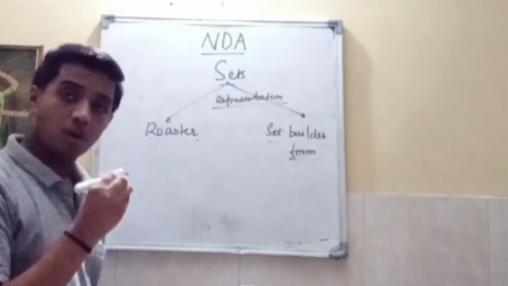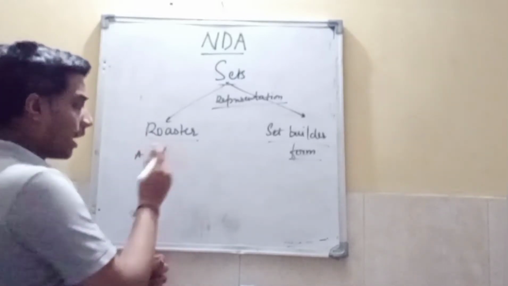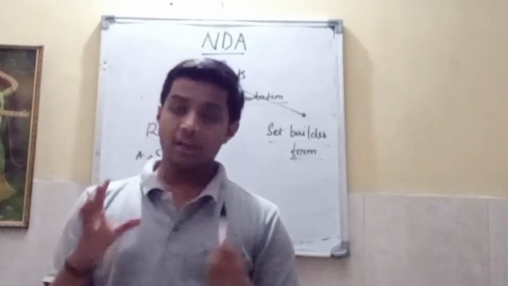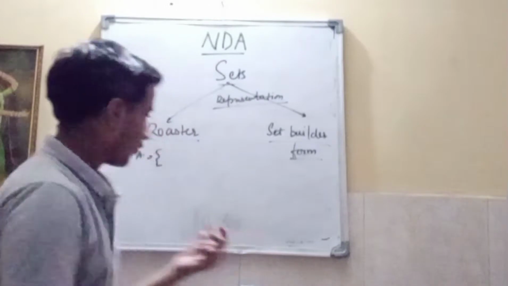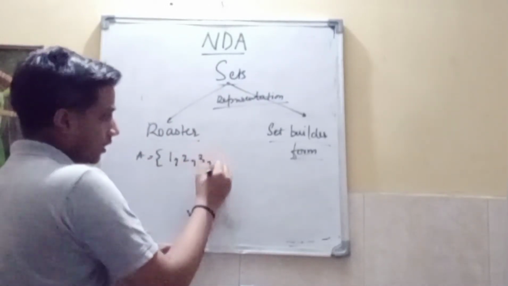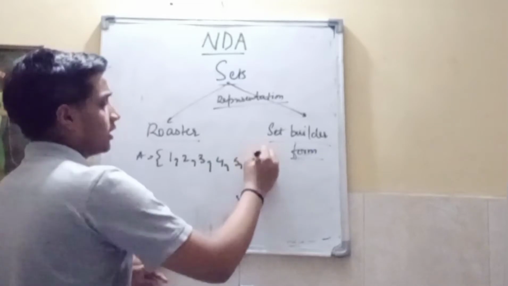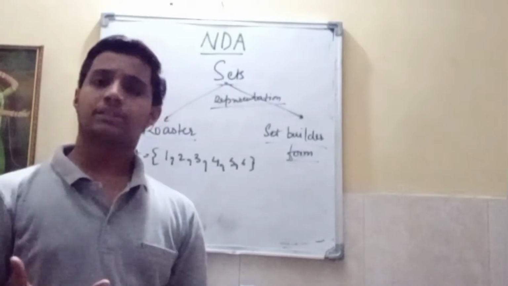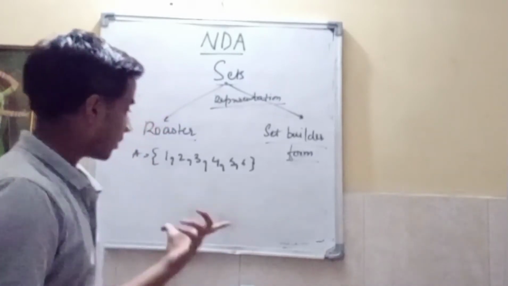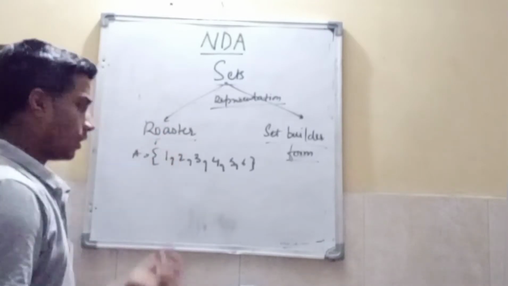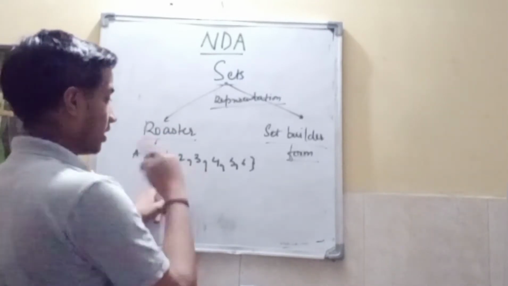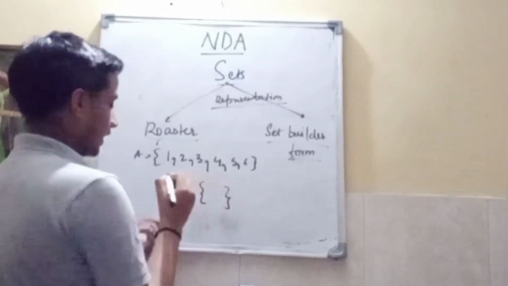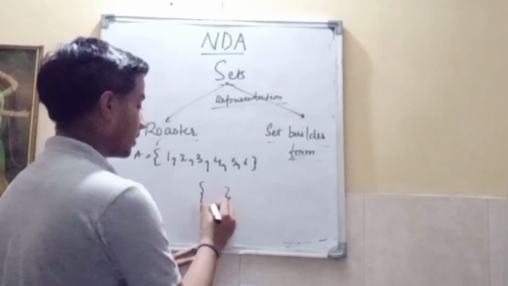A roster form is a form in which you write the elements as they are, separated with a comma. For example, 1, 2, 3, 4, 5, 6. This is a set of the first 6 natural numbers, and I have represented them in roster form. The first condition is that all the elements should be separated with a comma. Yes, they are separated with a comma, and enclosed in brackets. These are curly brackets. In sets we use curly brackets to represent the set.